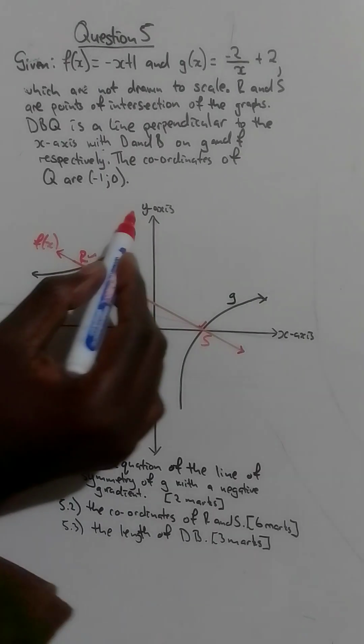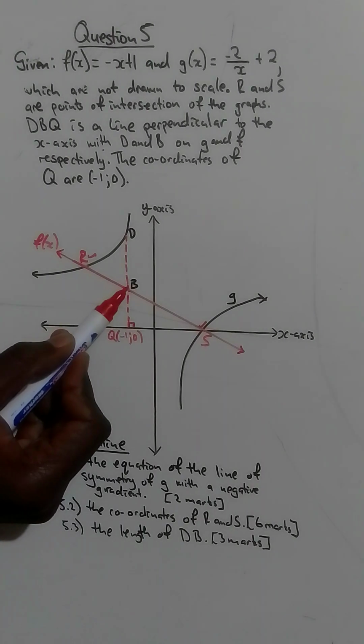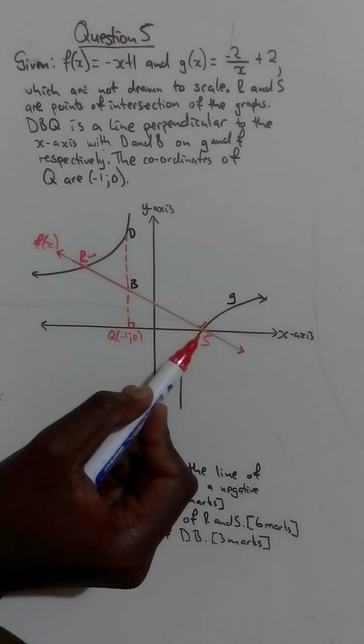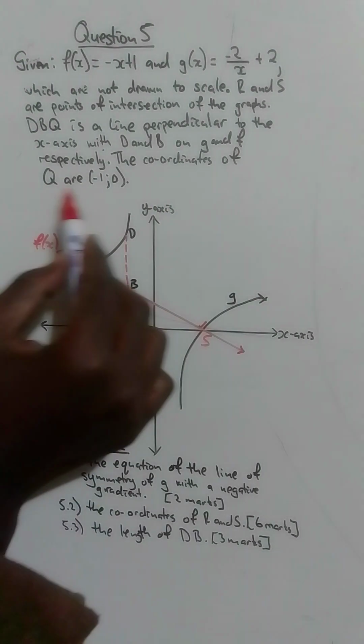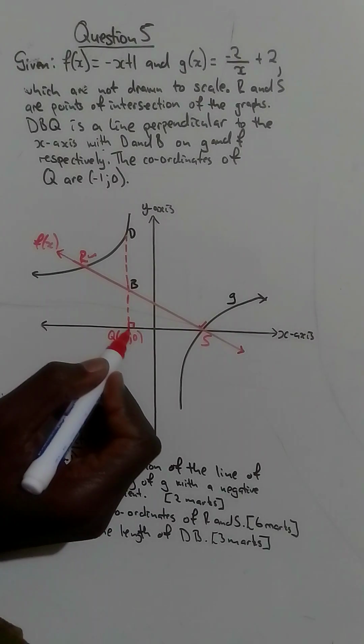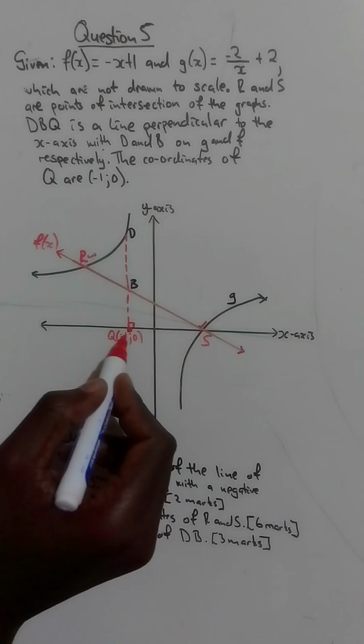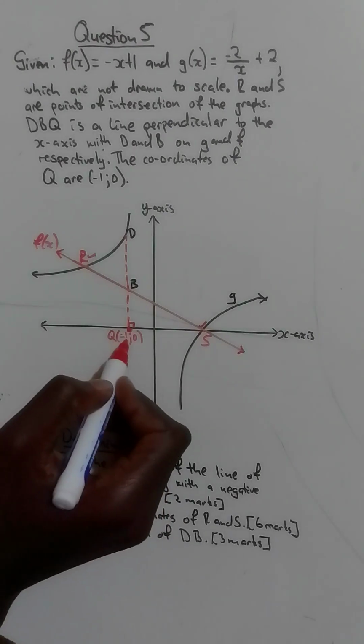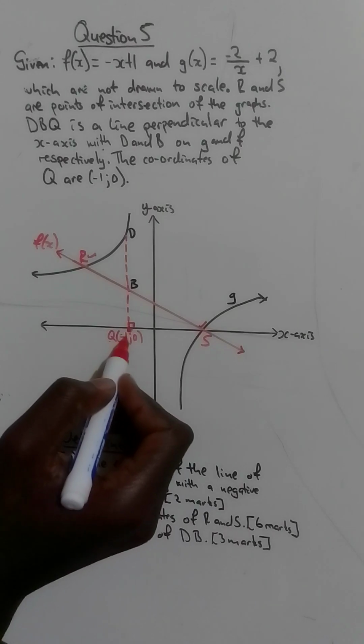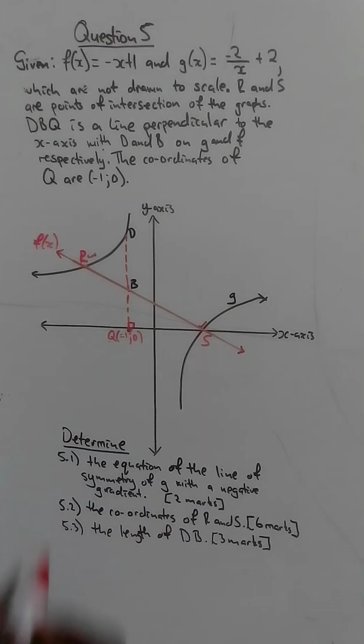It's found on the hyperbola, and point B is found on the straight line. And the coordinates of Q are, where the perpendicular line starts here, the x value is negative 1, and that point is being called Q, whereby the x value is negative 1 and the y value is 0. So now let's go to the questions.